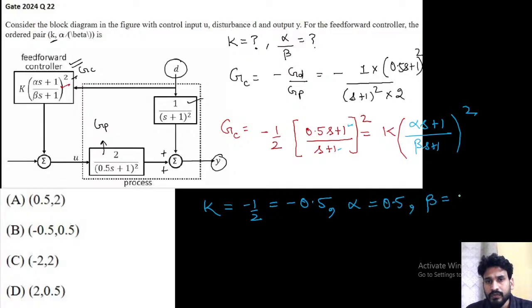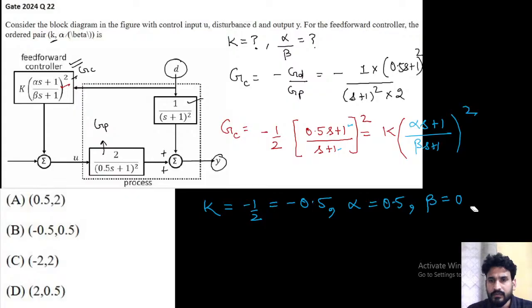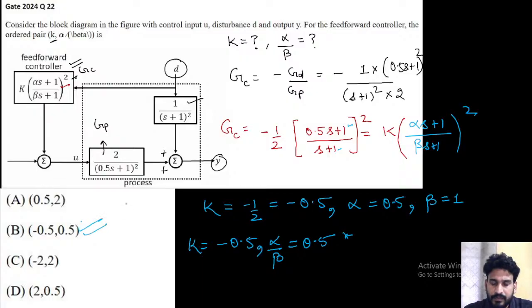Beta is equal to 1. Now, K is equal to minus 0.5 and alpha divided by beta is equal to 0.5. So yes, B is my correct option. Got my point, guys?